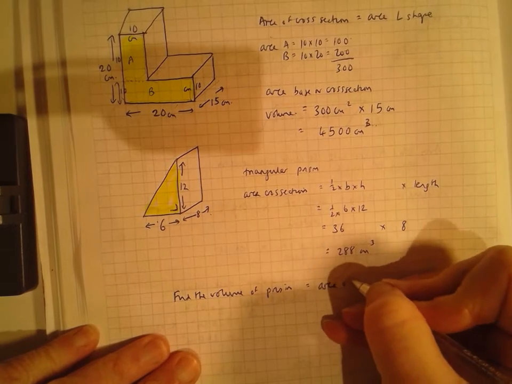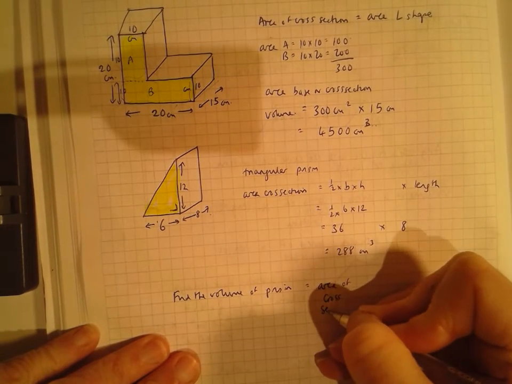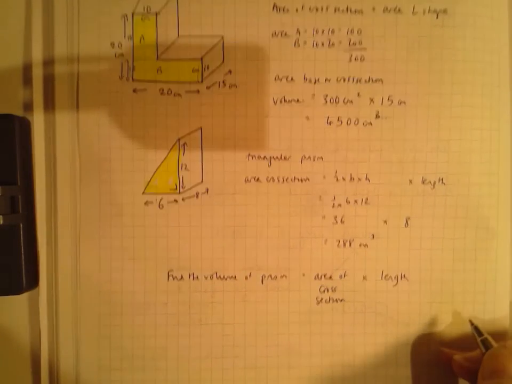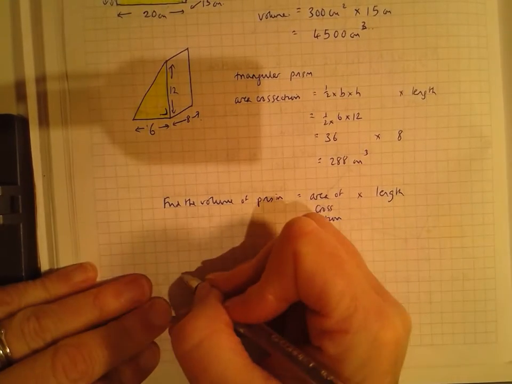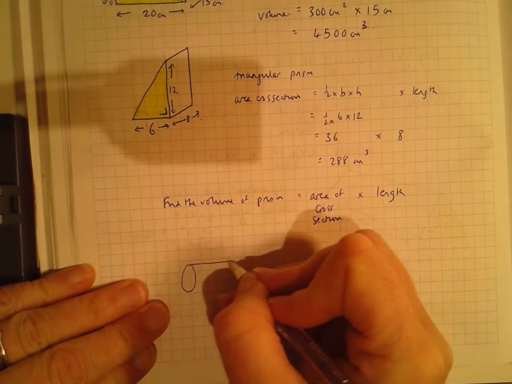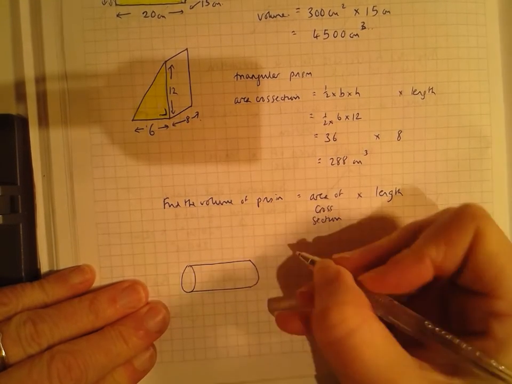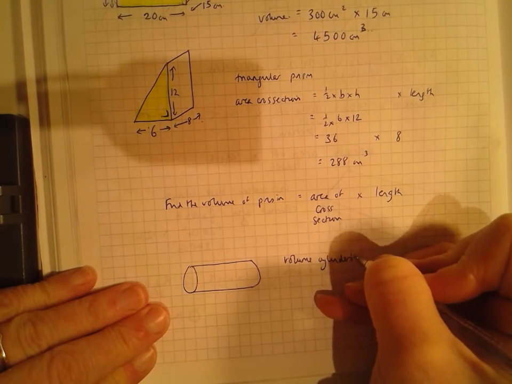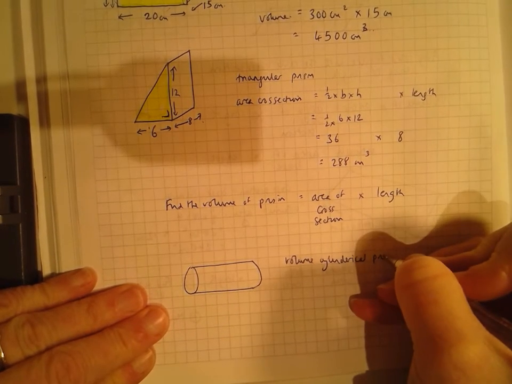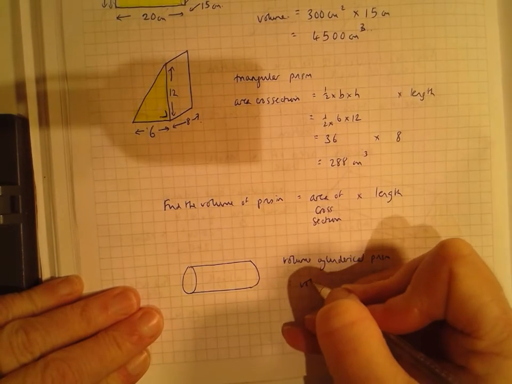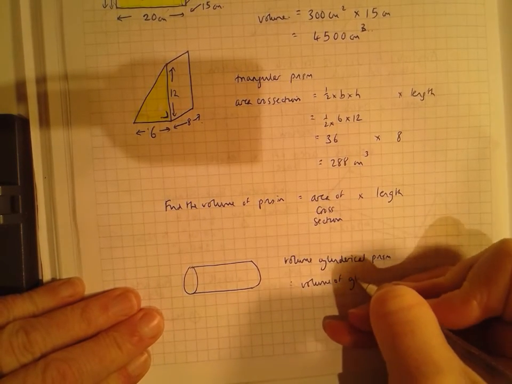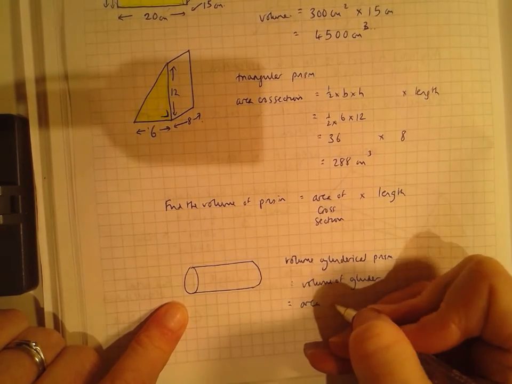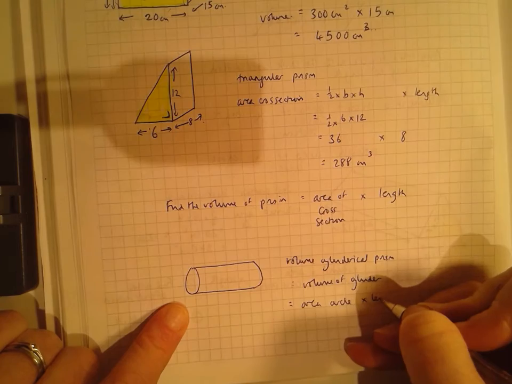Now, the key thing to find the volume of a prism is it's the area of the cross section, whatever that is, times the length. Now that's why when we come to look at cylinders, we'll find that the volume of a cylinder, which is also a prism, so a cylindrical prism, is actually going to be the area of the circle times the length of the cylinder.